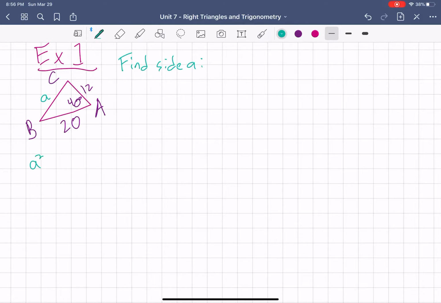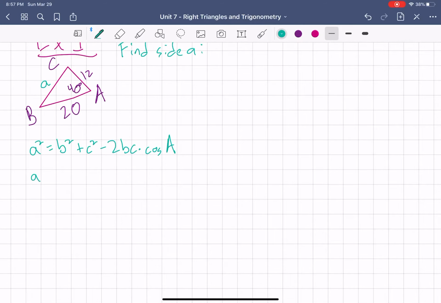Again, the formula is a squared equals b squared plus c squared minus 2bc times cosine A. So we'll have a squared equals b squared, which is 12 squared, plus c squared, which is 20 squared, minus 2 times 12 times 20 times the cosine of angle A, which is 40.